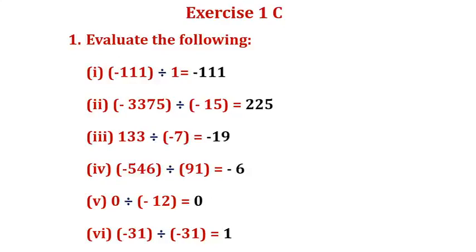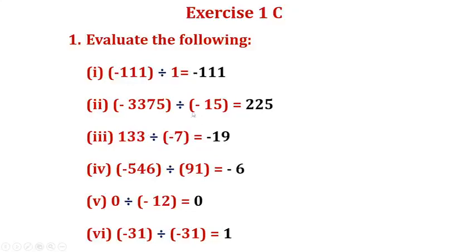Next one is exercise 1C. First one is evaluate the following: minus 111 divided by 1. Any number you divide by 1, you will get the same number. Already you learned here, this is minus 111 only. And this one is minus 3375 divided by minus 15.